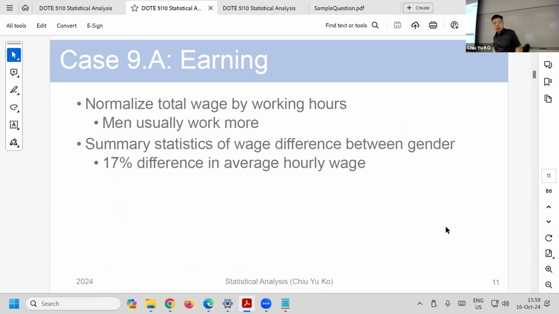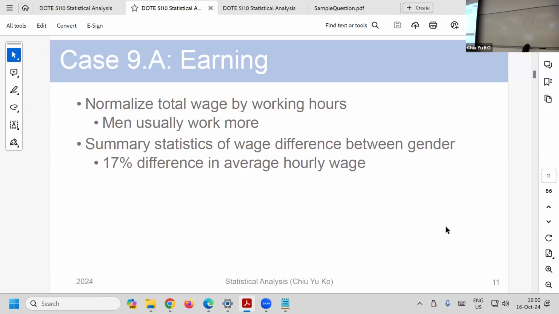And we need to normalize by number of hours, because in general, men work more than women, because women would work less for two reasons. One is they may get pregnant, then they work less, right? Or second, they may take care of the household more.